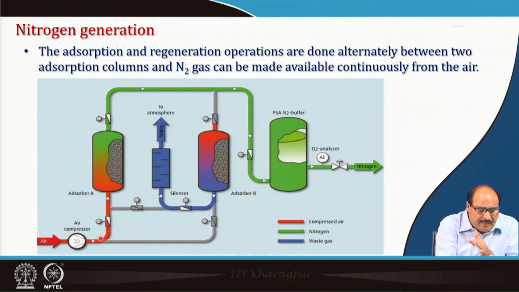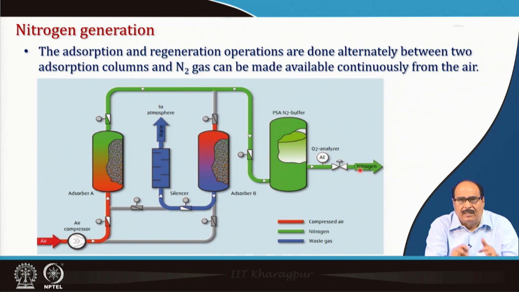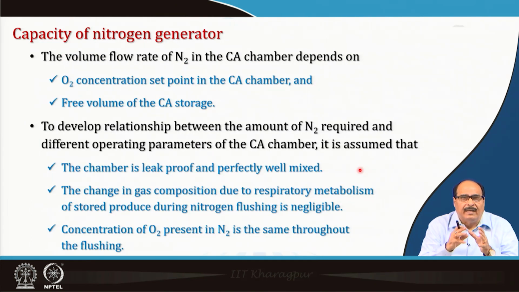The red line is the compressed air going to adsorber A and then adsorber B. The oxygen, water vapor and other gases are released to the atmosphere, and the green line finally carries the nitrogen, which continuously comes into the storage environment. So, one can calculate the capacity of the nitrogen generator required in the storage facility for maintaining the proper O2 level.